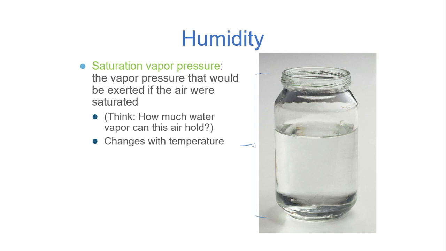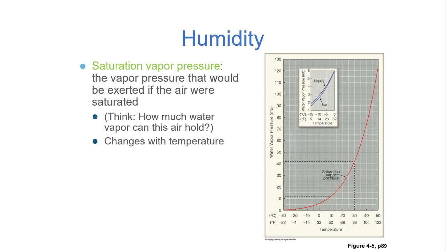Now, the amount of water that the air can hold, also known as the saturation vapor pressure, depends on the air temperature. The hotter it is outside, the larger your saturation vapor pressure is. Or using our analogy, the higher the temperature, the larger the jar. Here's a graph from your book that shows what the saturation vapor pressure would be based on temperature. So let's just do a quick example.